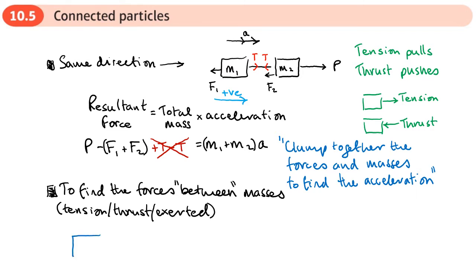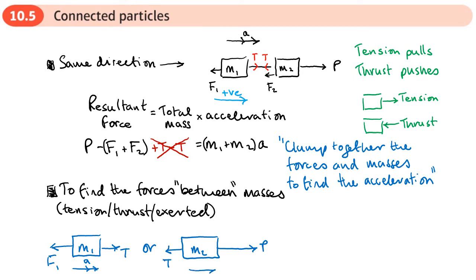I could take mass 1 and just look at the forces on mass 1, which would be that frictional force and the tension that way, and I can use the acceleration to work out T. Or I could look at mass number 2, and the forces on that are that pulling force there and the tension here, and again I know the acceleration, so I could use that to work out T. So basically you split it up, either look at the forces on that individually or that individually to find this force in between them, but to work out the acceleration, just clump it all together and work it out that way.